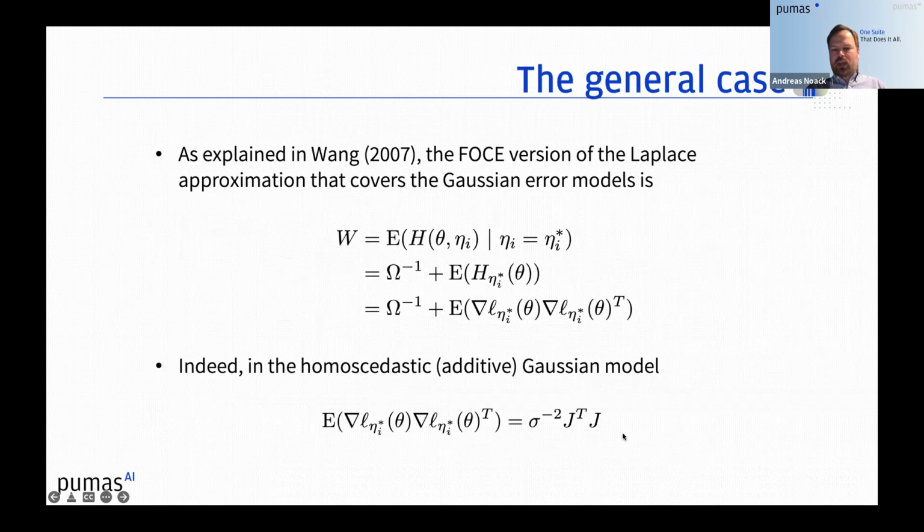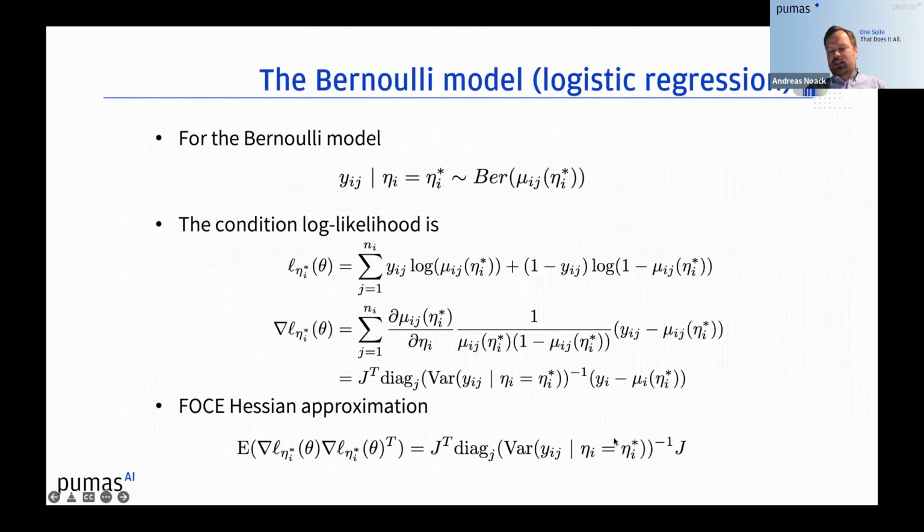If we look back here, you can see it's actually the same thing we have here. We have sigma squared, 1 over sigma squared, which could also be put in the middle, but they happen to be the same for all diagonal elements, so we can put them outside J transpose J. So the structure of this expectation of the outer product of the gradients is exactly the same.